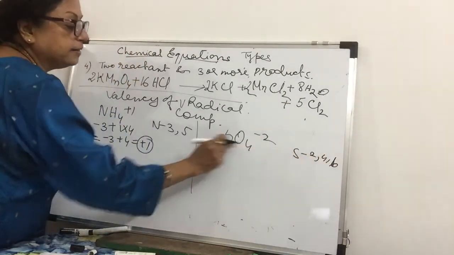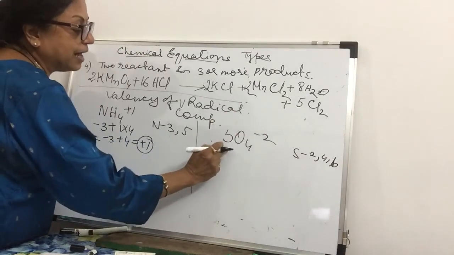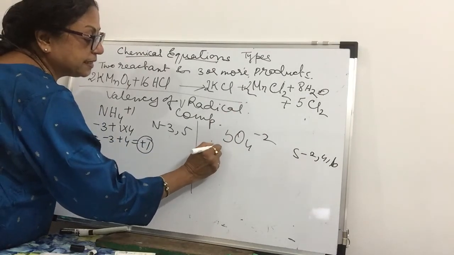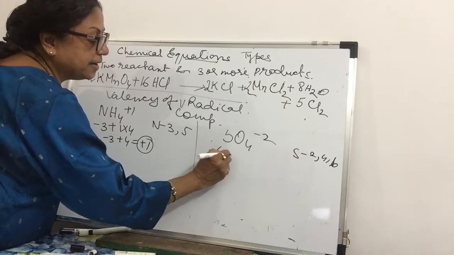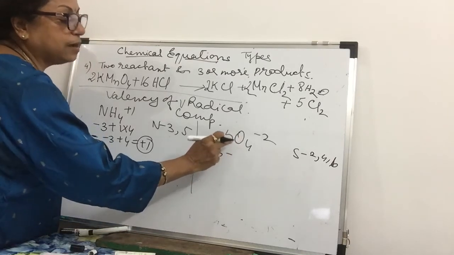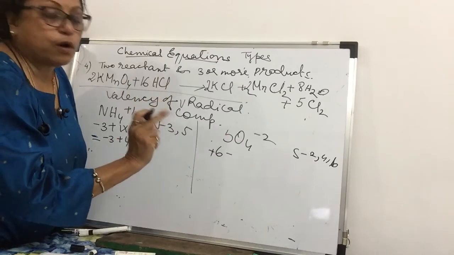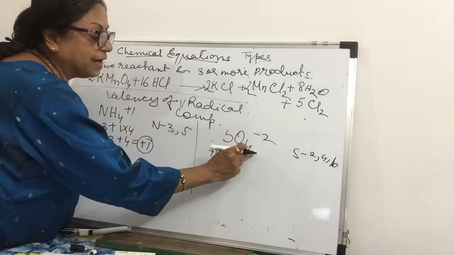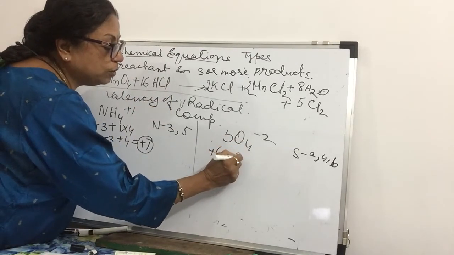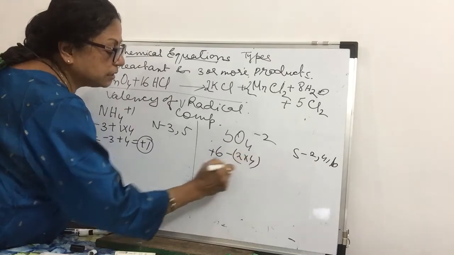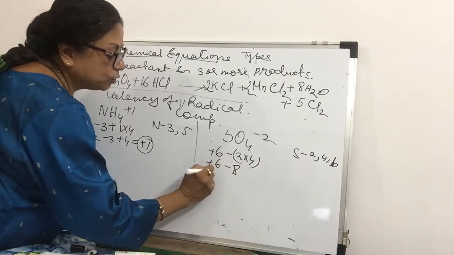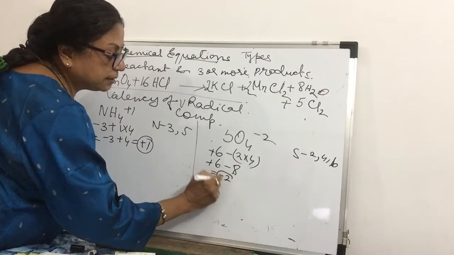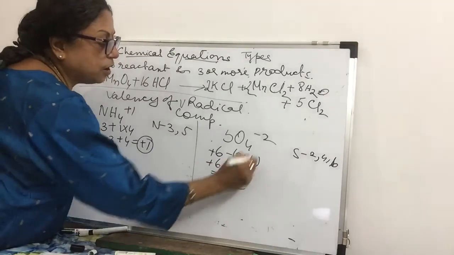Here in sulfate, the valency will be plus 6. And minus 2 is the valency of oxygen, 2 into 4, how many atoms? 4. So this will become plus 6 and minus 8. So the answer is minus 2. This is the valency of sulfate.